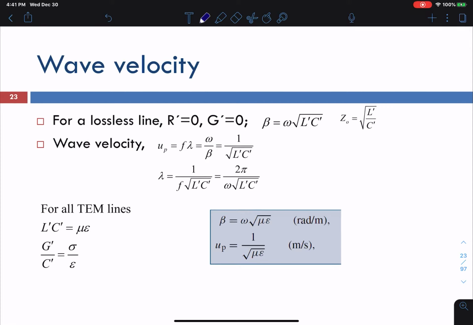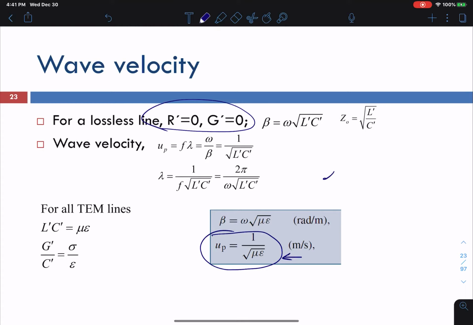So now, if you go back here for lossless line, these two are 0, right? Then if you modify the equation for lossless line, your phase velocity, how fast your signal is traveling through the line, it becomes this here.